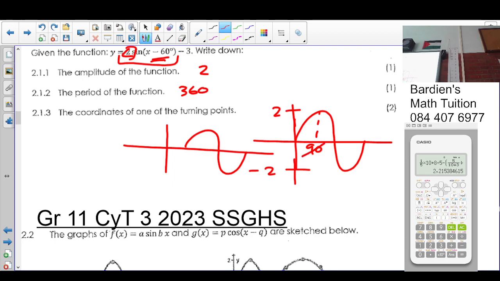So that becomes this point here of 150. So that is 150 and 2. Then minus 3 is going to shift this graph 3 units down. So the one point I'm going to use is 150 and minus 1, because 3 units down is going to give you minus 1. That's it.